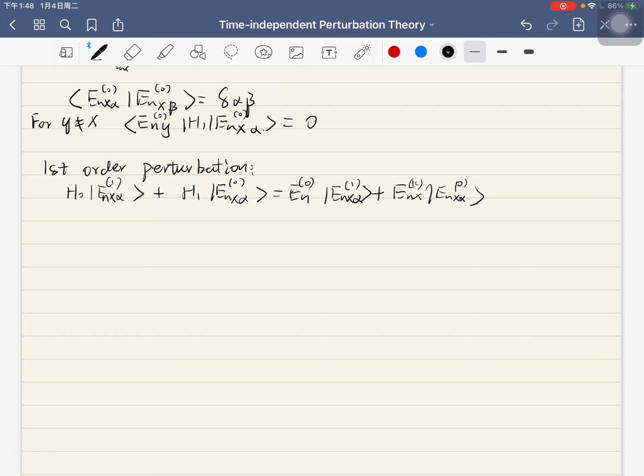Just as before, we first left act on this equation. Let's look at what we can get.